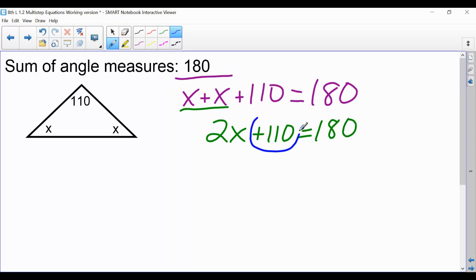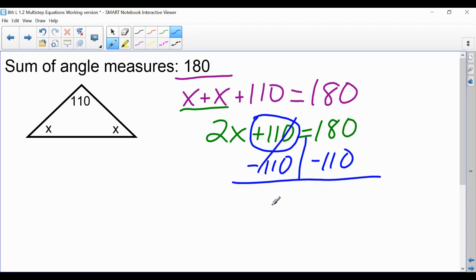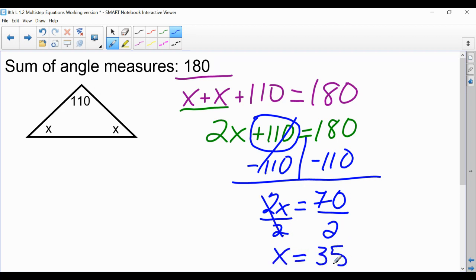My constant is on the same side where the variable is, plus 110, so I'm going to do negative 110. They will cancel out. I'm left with 2x equals 70. Divide both sides by 2, and we get x equals 35. So this one is 35 degrees, and this one is 35 degrees.